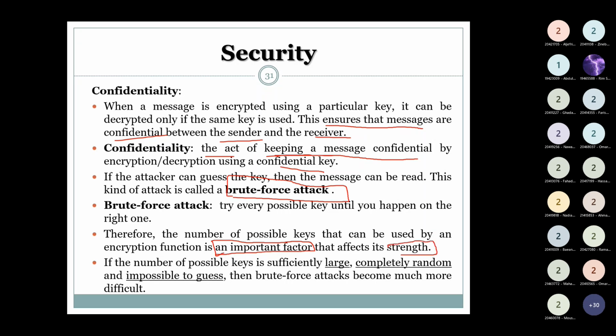Okay, so you can have a strong encryption method when you have a 128-bit key. Why? Because to guess this number you need 2 power 128 combinations. It is a huge number.